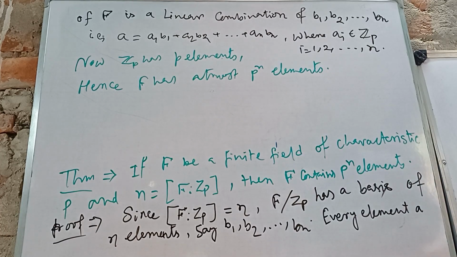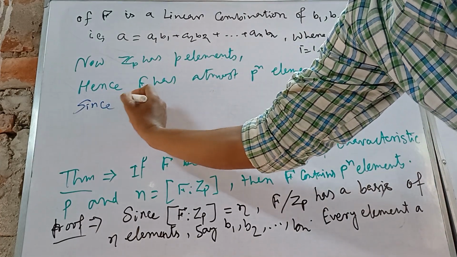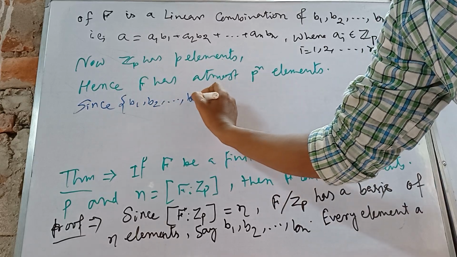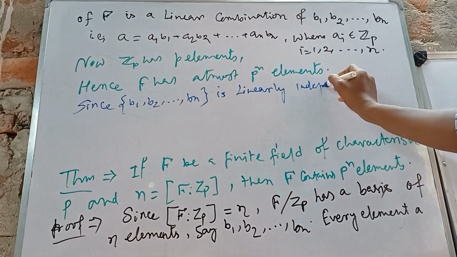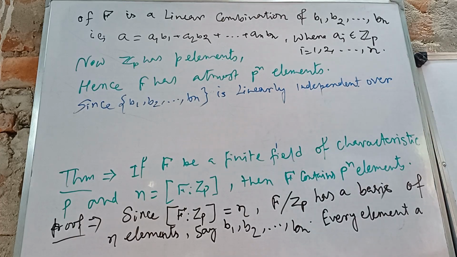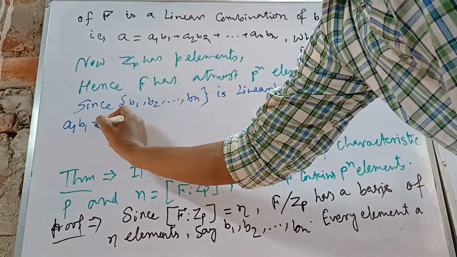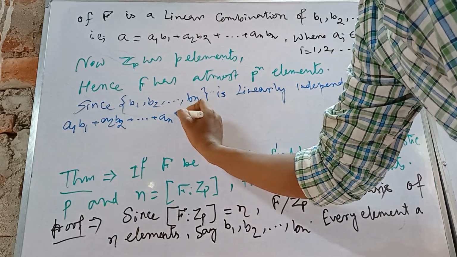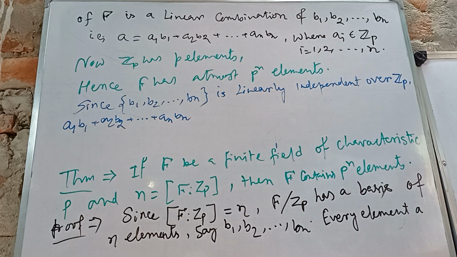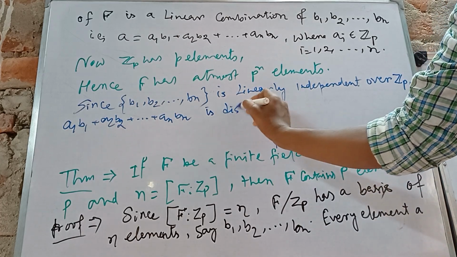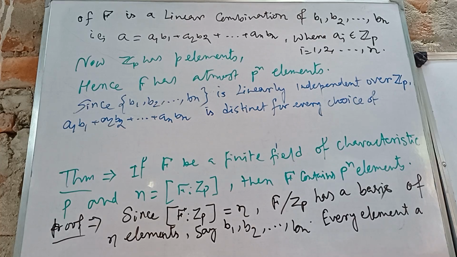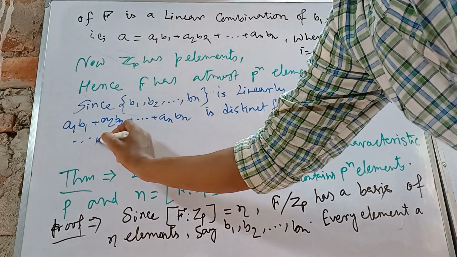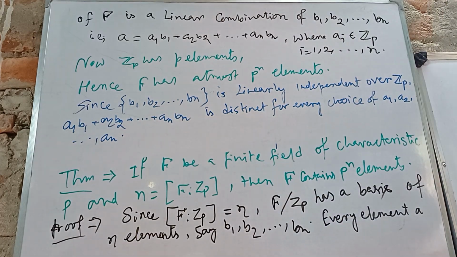Now, since b1, b2, bn are linearly independent over ZP, then a1 b1 plus a2 b2 plus dot dot dot plus an bn is distinct for every choice of a1, a2, dot dot dot, an.